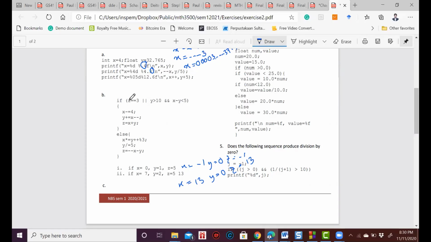Okay, so you can manually check here, z equal to 3. So if we have the value x is 0, y is 1, z is 5, you can check here: x minus y, 0 minus 1 is minus 1. Minus 1 less than 5, yes. Yes is 1.